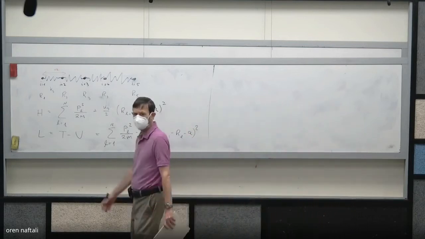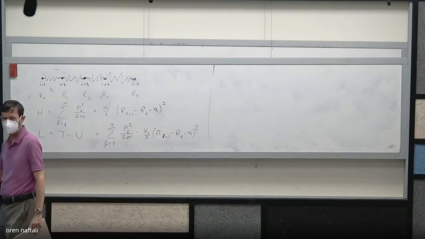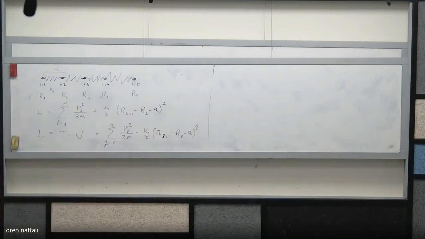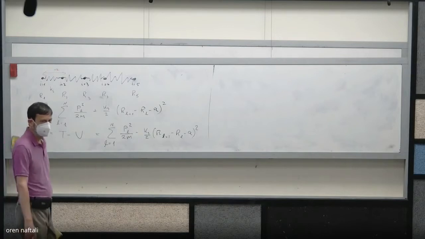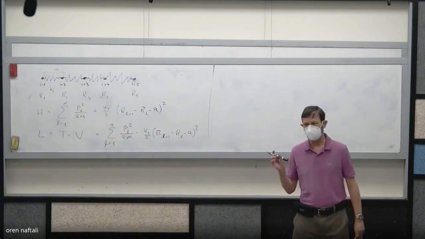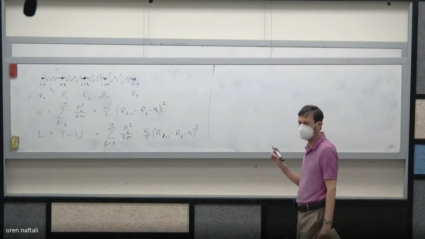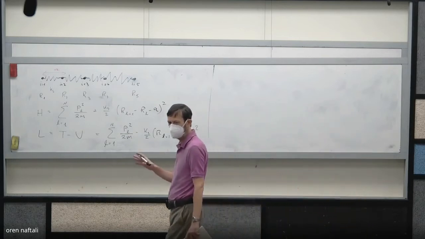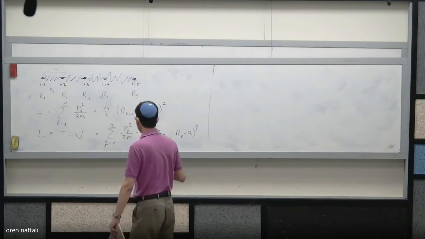Now let's use the fact that we have an equilibrium here and assume that the masses in this chain don't move much beyond the equilibrium, and rewrite.